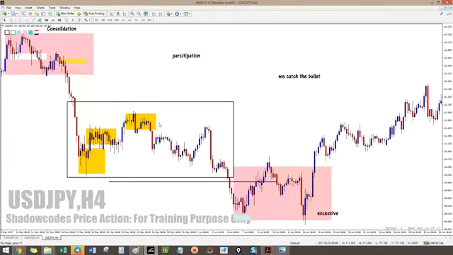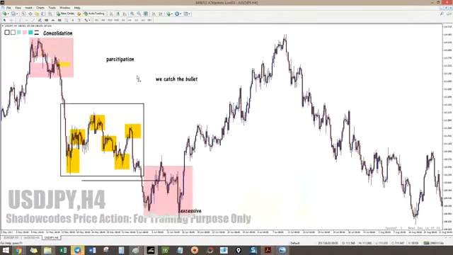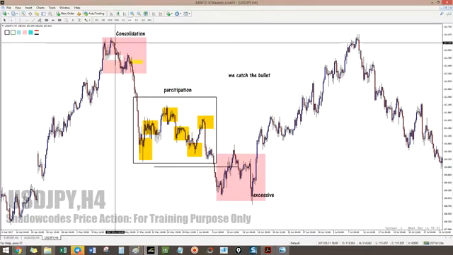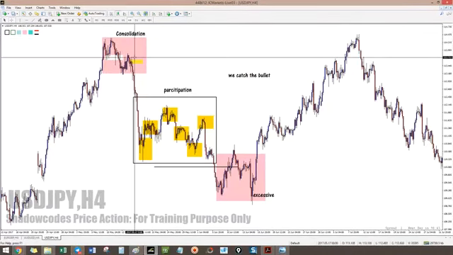And then we have phase one, phase two, phase three. And then we have phase one, phase two. Even though you have a phase two here, it got a break, but on a larger scale, it is a downtrend. It's on the participation on H4. On H4, it's still a downtrend.